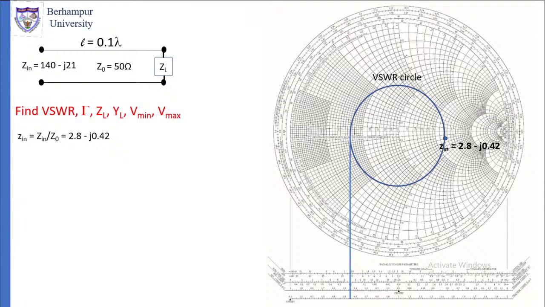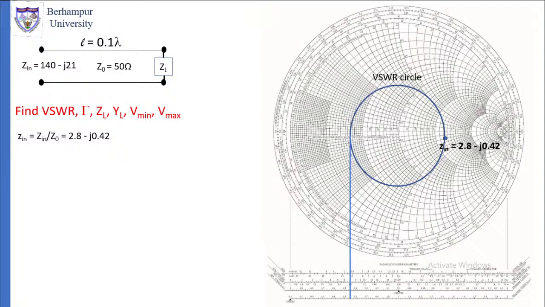That line will cross different scales, the VSWR scale, the gamma scale. Where it crosses the VSWR scale, read that value; that gives you the VSWR. Where it crosses the gamma scale, read that value; that gives you gamma. So VSWR and gamma you can find out this way.